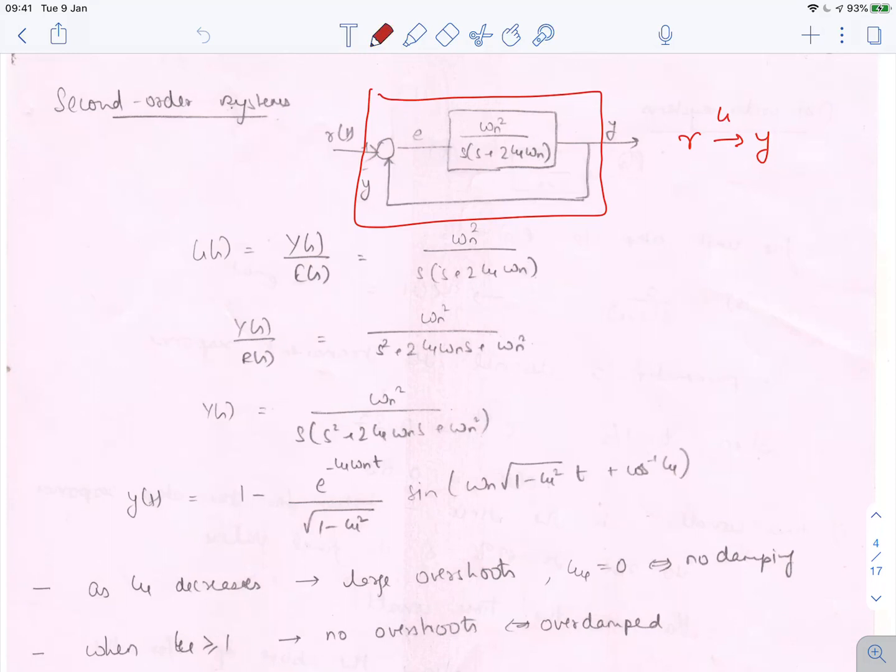So if I write that transfer function once again, we have b upon s square plus a s plus b. This is what we have considered in a generic form, where b is our omega n square and a is your 2 xi omega n.